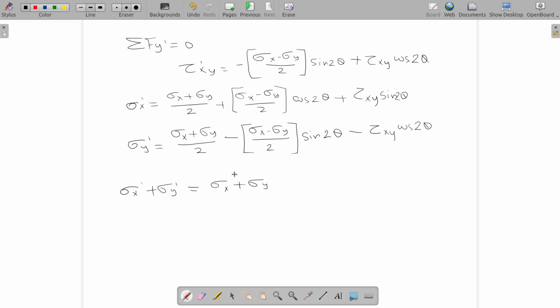So whatever angle you take, if you add up sigma x dash and sigma y dash, that will be equal to sigma x plus sigma y. That remains the same for all values of theta, and that is a fact that will be very useful for you in the future for doing problems.